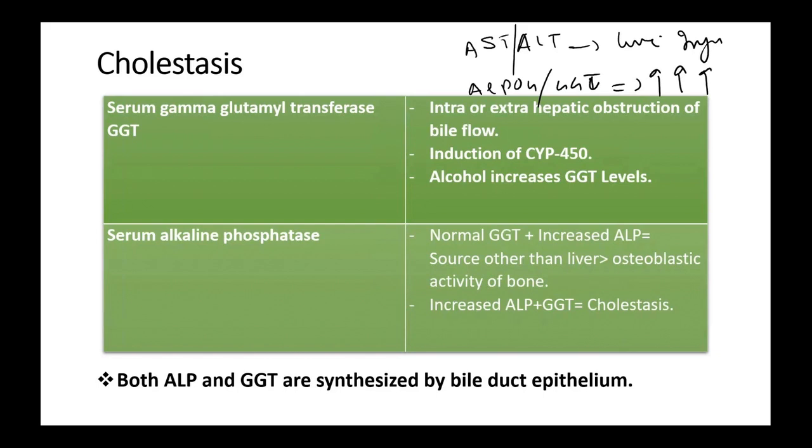So that is the cholestatic pattern. If there is an injury to the gallbladder, right and left hepatic duct, common bile duct, that indicates cholestasis. If there is an injury to that tree, then ALK phos and GGT will be elevated.